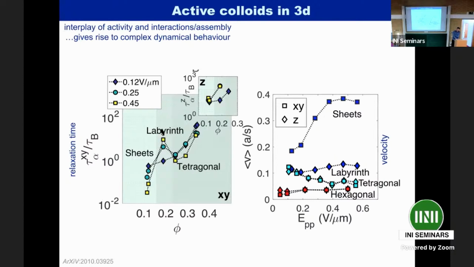The labyrinth phase is a percolating gel-like phase, and yet it's going faster. That's slower. But then when we actually crystallize, the crystal persistently accelerates, and this seems most strikingly unusual.